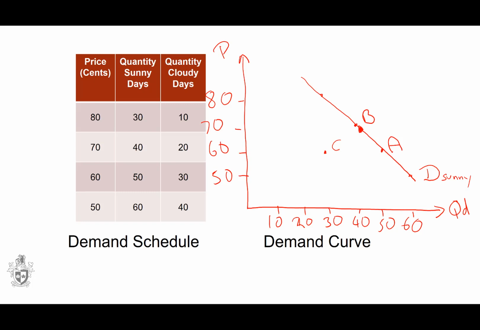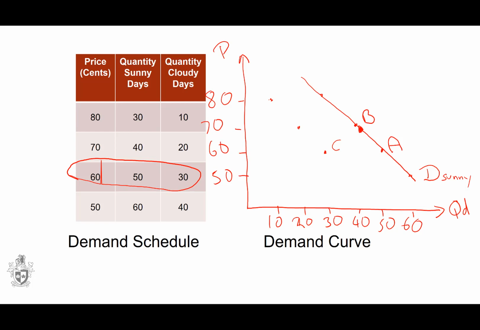And here we go. You can see our original point at 60 cents. If it was a sunny day, we're lucky enough to sell 50 because the quantity demanded is 50. If it's a cloudy day, the quantity demanded has now fallen to 30. We can plot the other points. At 70, it's now 20. And at 80, it's 10.